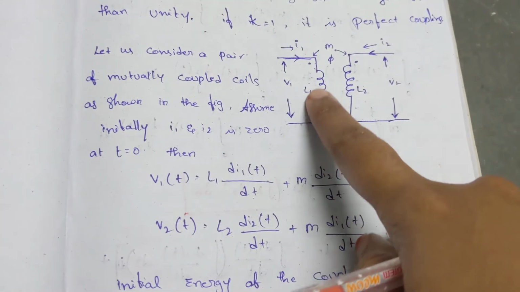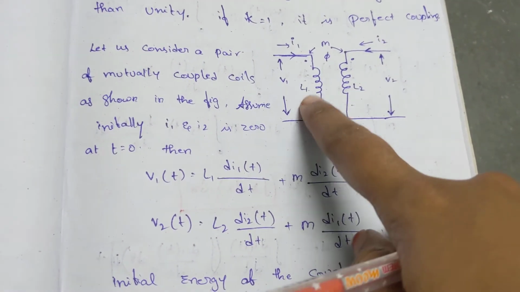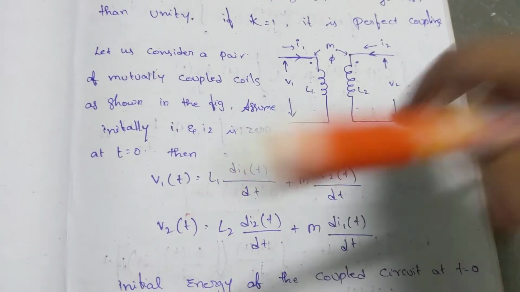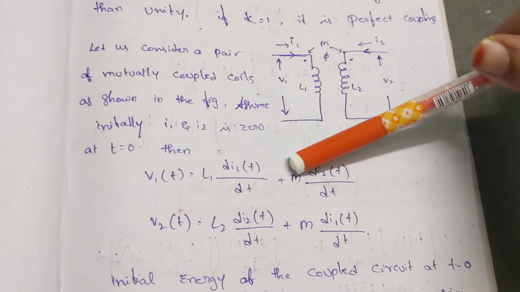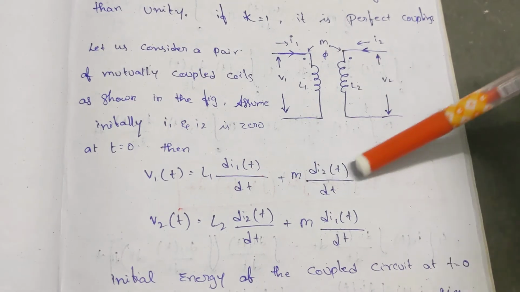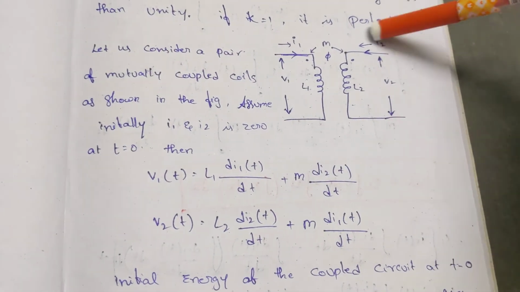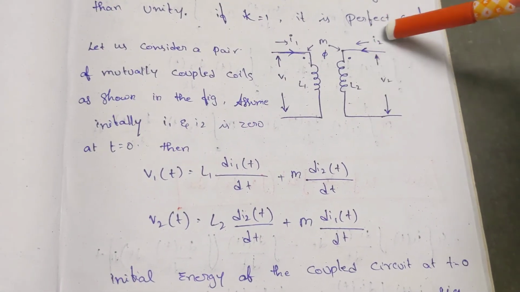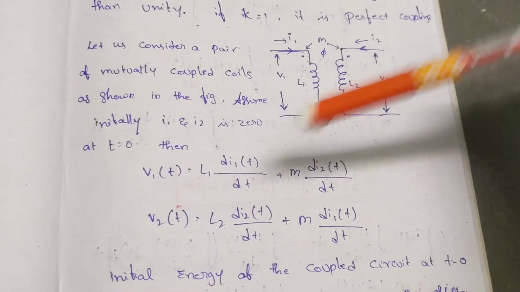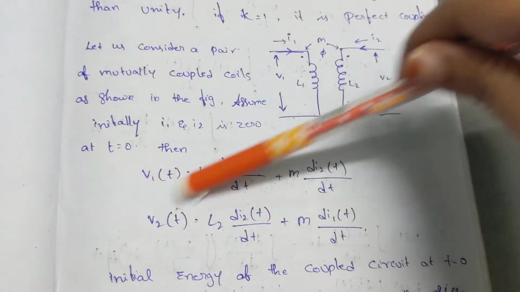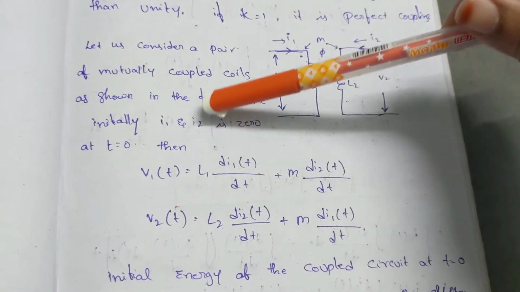That means the flux in the first coil induces current in the second coil, which we give as mutual inductance M, and the voltage develops because of the current in coil number 2. So that gives the total voltage of the first coil.